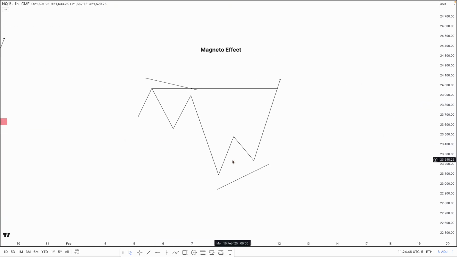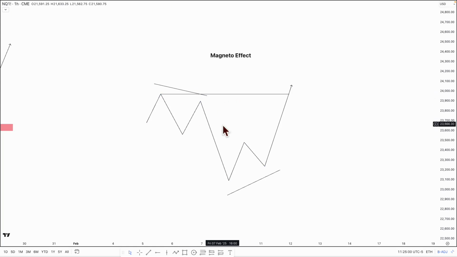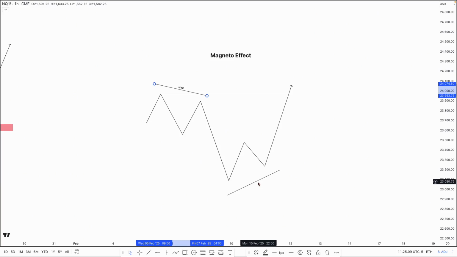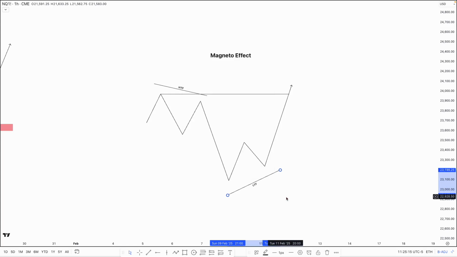Now, whether this SMT will end up leading to this SMT being taken out is something else, which you'll learn in future videos. But in general, this is what we can expect. When this does not work is when this is on the higher time frame and this is on the lower time frame.